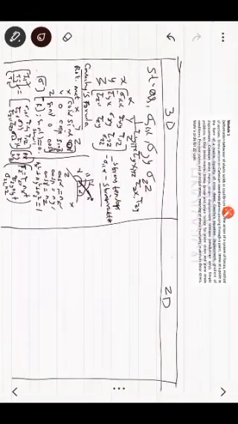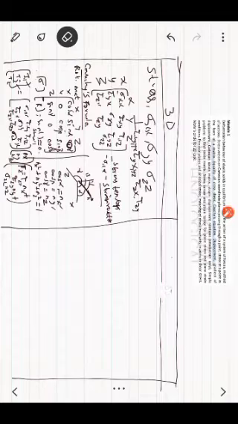So again write it here itself, the 3D. Okay, let me complete.